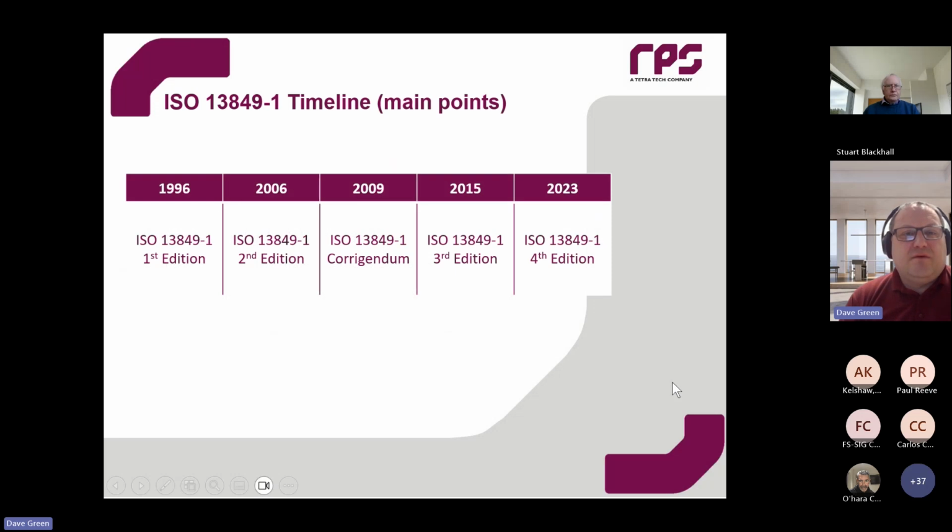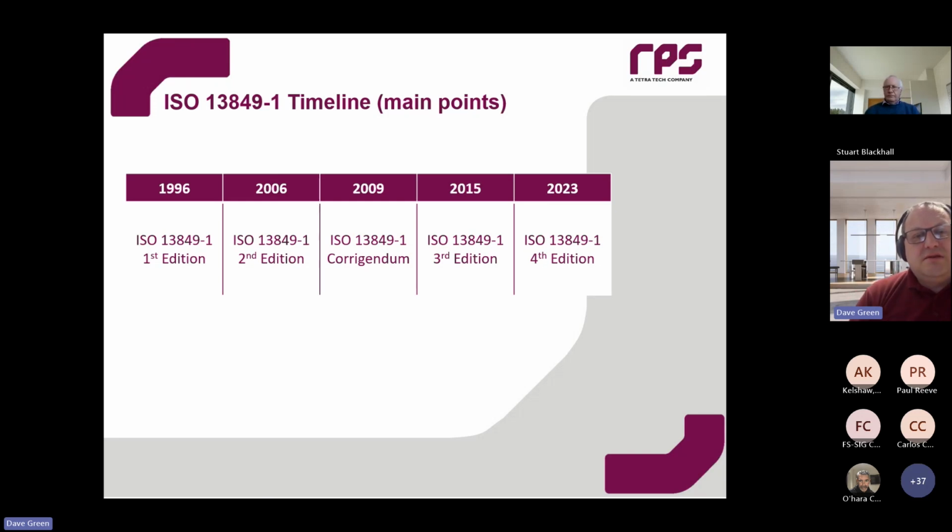So this is the timeline, the main points on the timeline for 13849. In 1996, it replaced the EN 954 with the first edition. In 2006, the second edition came around just a little bit after the first edition of 62061. So this one's been around longer than 62061.